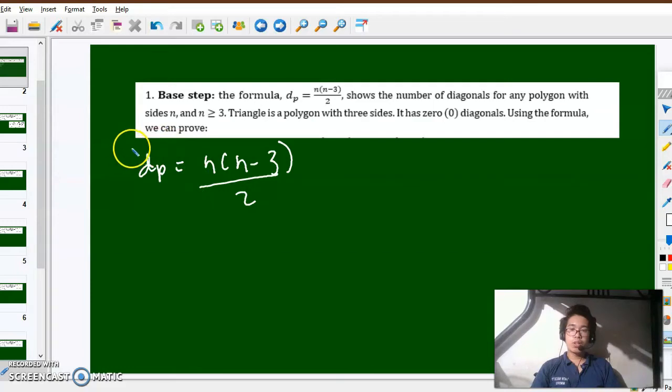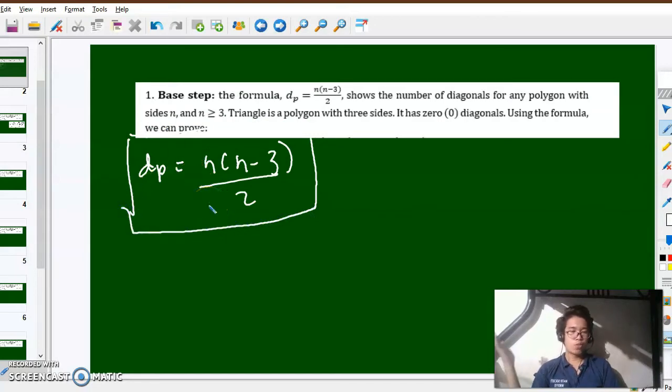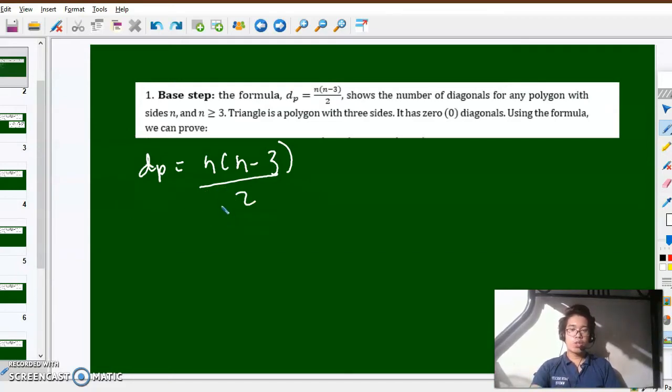For this one, we want to prove this formula, because the great mathematicians didn't just come up with this formula out of nowhere. They had to really prove that formula. So to prove it, we're going to use mathematical induction.